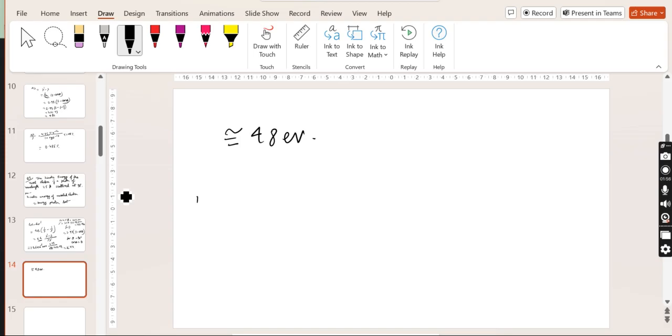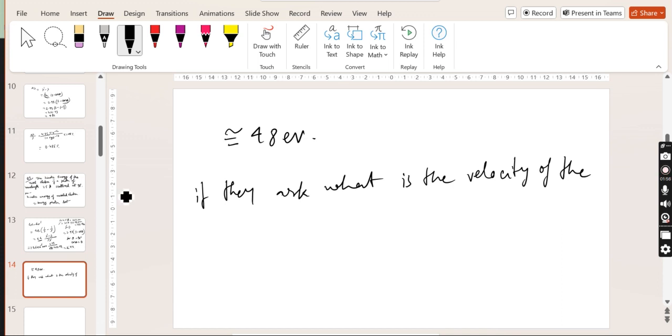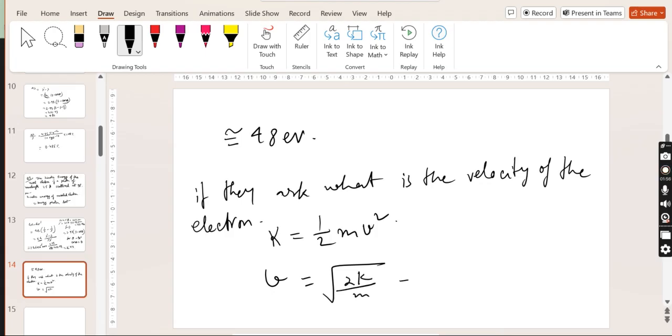Okay, now if they ask what is the velocity of the electron, so K is equal to half of mv square. So V is equal to root over 2k by m.